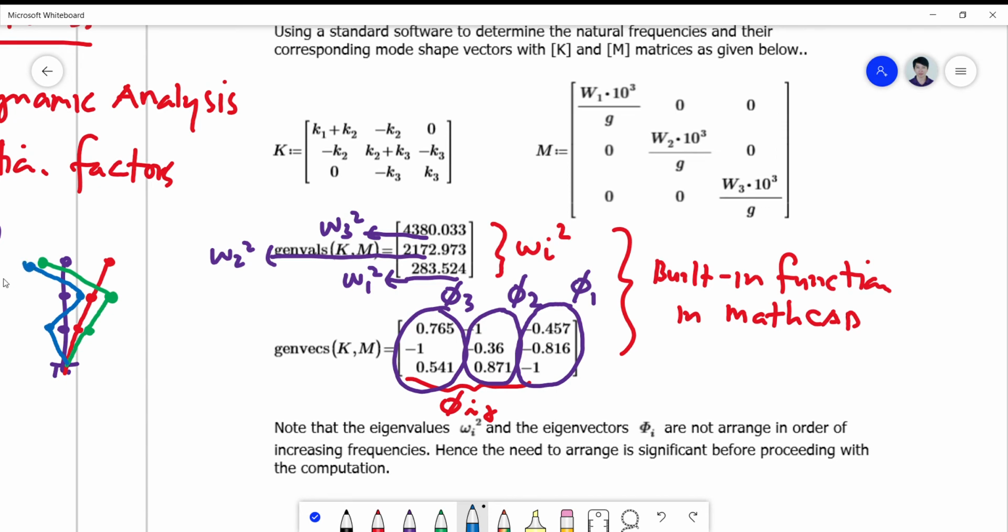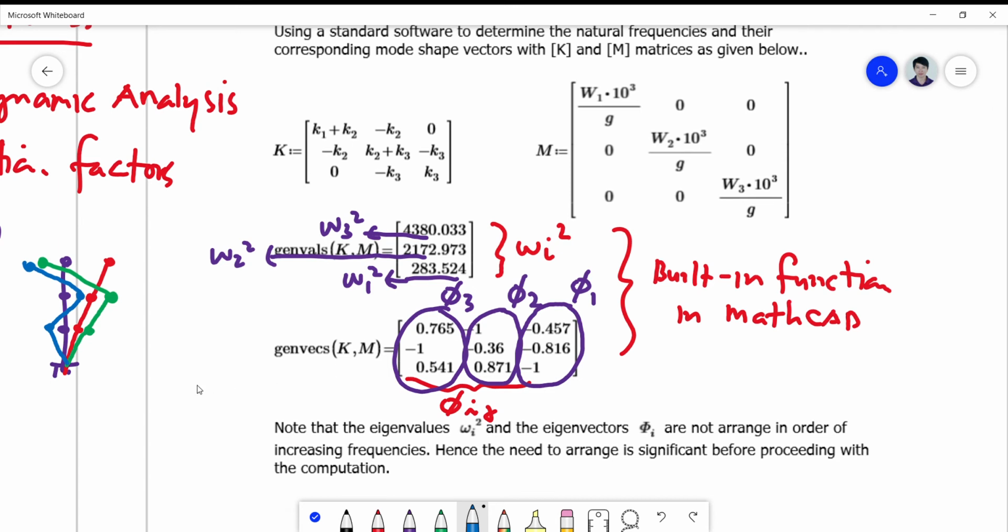Did you get the point? For the second mode, the two sides are on one side and the other on the other side. For the third mode, the two sides are on one side and the middle on the other side.